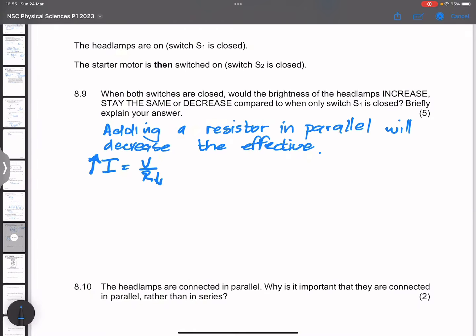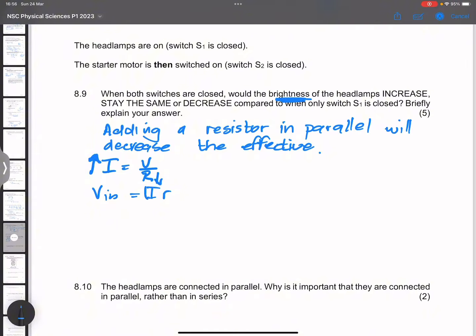Now, I want you to please note in this case, the moment I increase the current, right? So remember, what do we want to know? About the brightness of the light bulbs, right? So the moment I increase the current in this case, what happens? It means that my V internal will also increase. Remember, V internal is I multiplied by R internal.